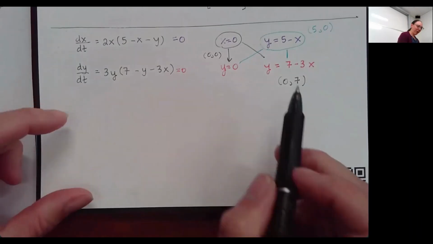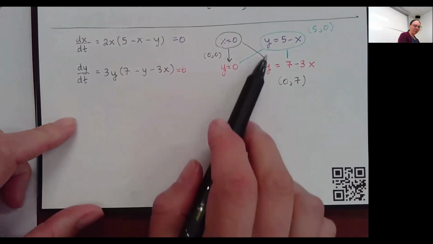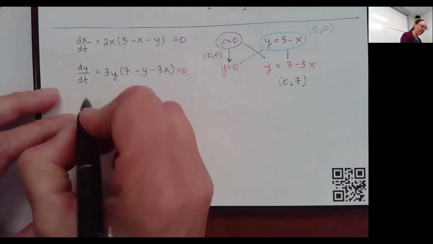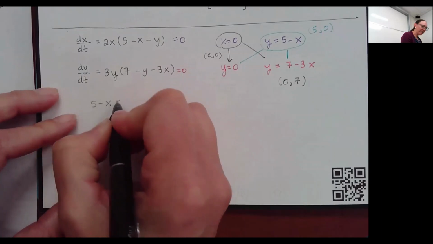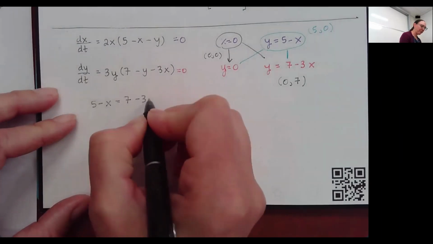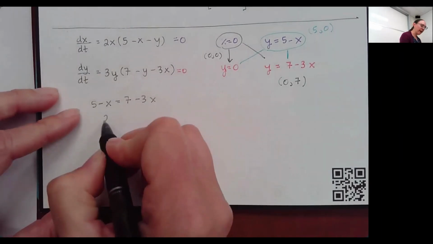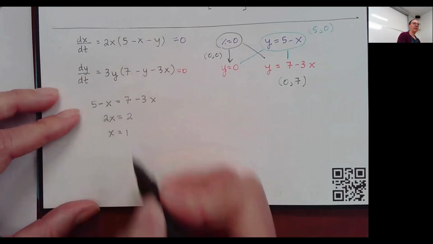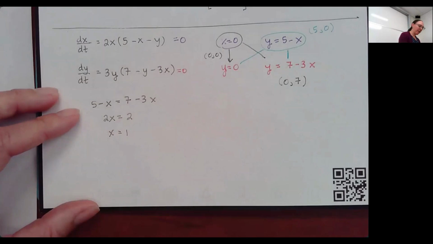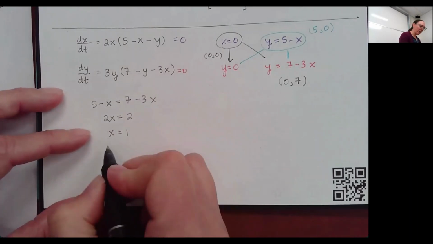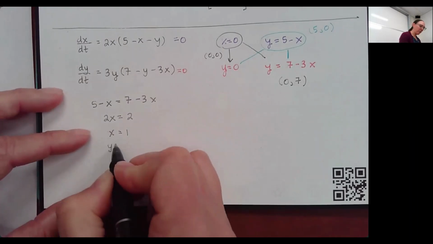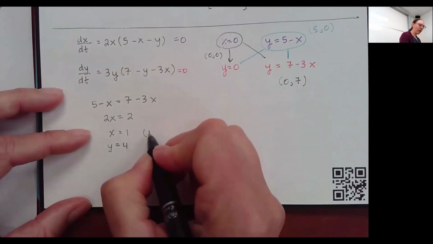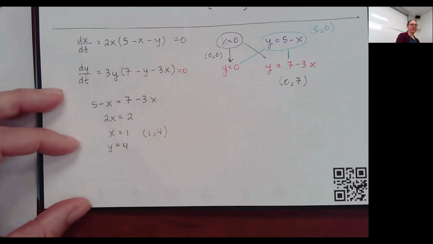Since they're both already solved for y equals, I'm just going to set them equal to each other. So if 5 minus x is equal to 7 minus 3x, then 2x is equal to 2 and x is equal to 1. How'd I do? Okay. And if x is equal to 1, then y must be equal to 4. So I've got the point 1, 4.